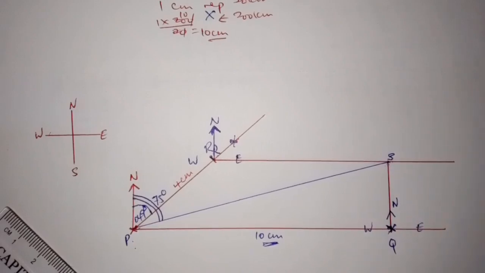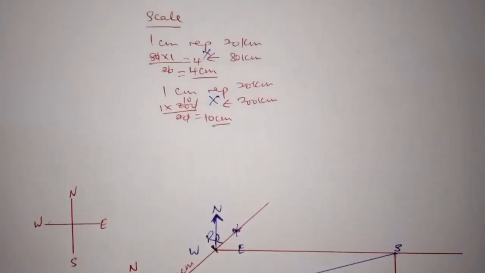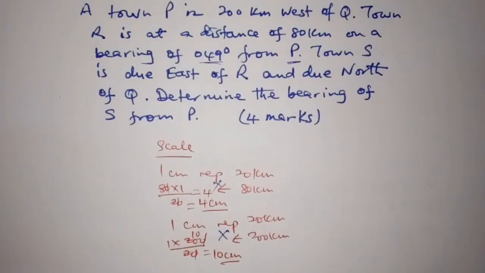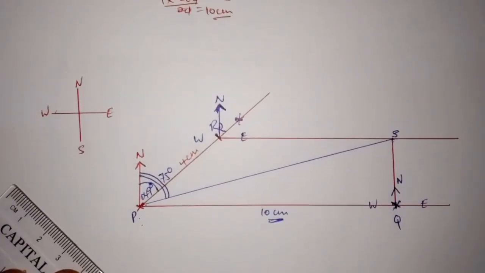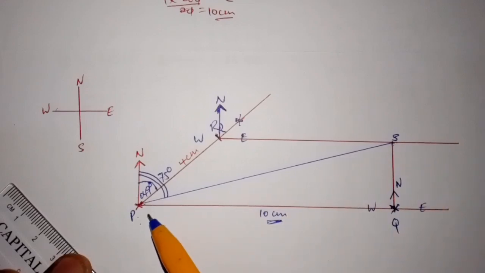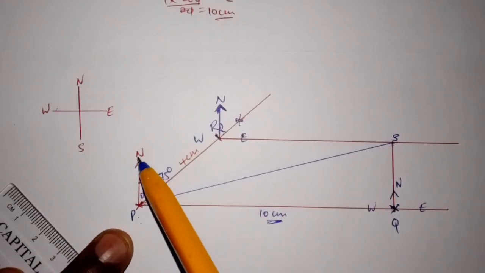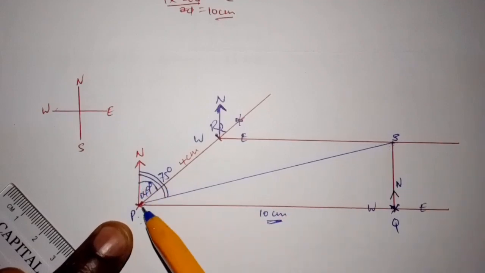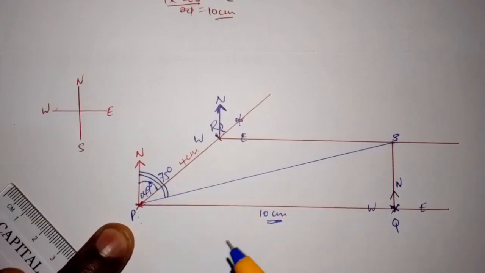Now we are being asked to determine the bearing of S from P. From P, this is our north.